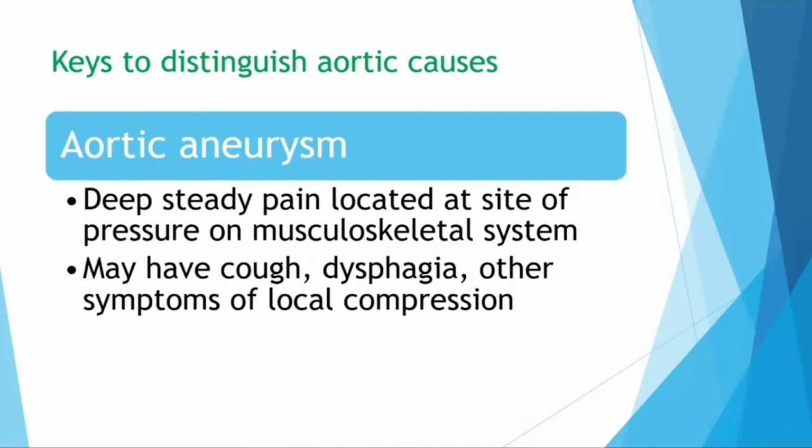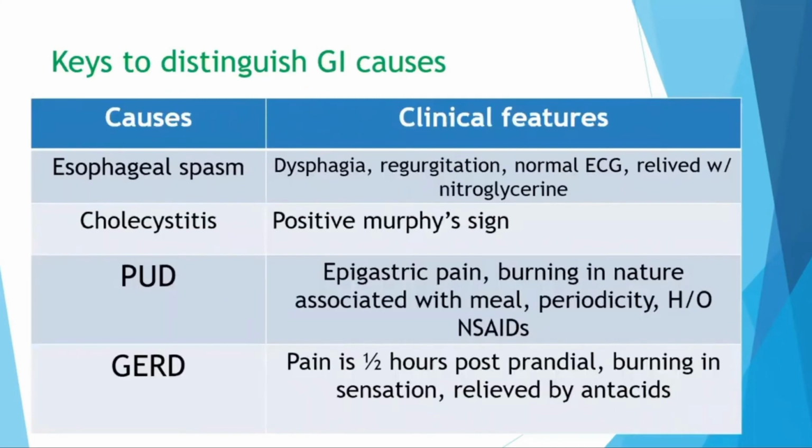Aortic aneurysm, deep steady pain located at the site of pressure on musculoskeletal system, may have cough, dysphagia, other symptoms of local compression. GIT causes include esophageal spasm. By clinical features, there may be dysphagia, regurgitation, ECG will be normal, relieved with nitroglycerin.